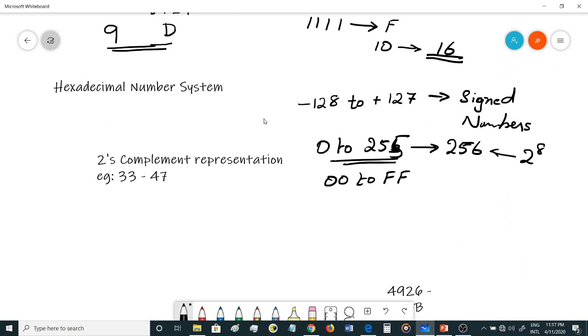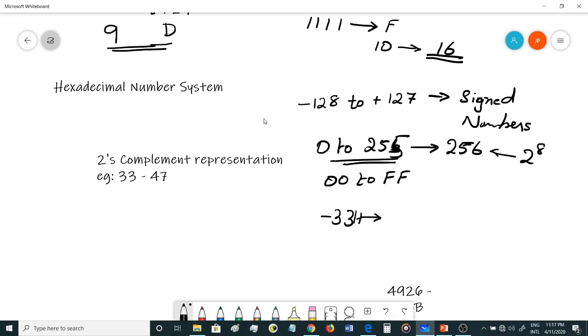2's complement form is basically for representing negative numbers, and let's say you want to represent a number, let's say 33. Now 33, how to represent 33 in 2's complement form? Now for representing 33 in 2's complement form, first you need to know these are all hexadecimal numbers. 33H.